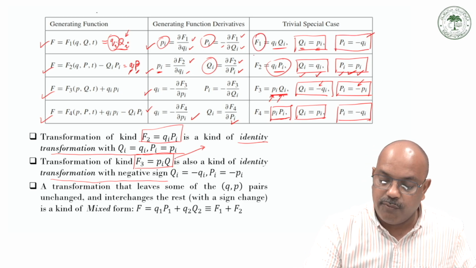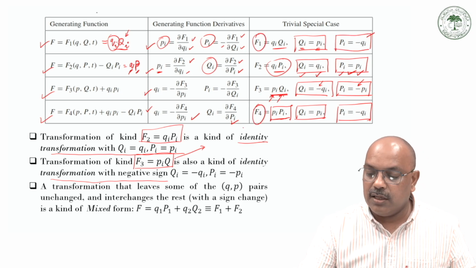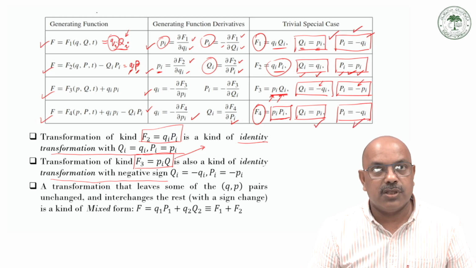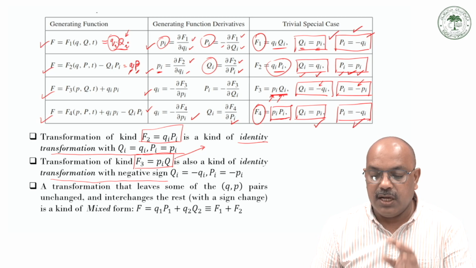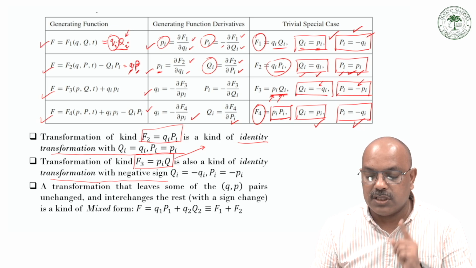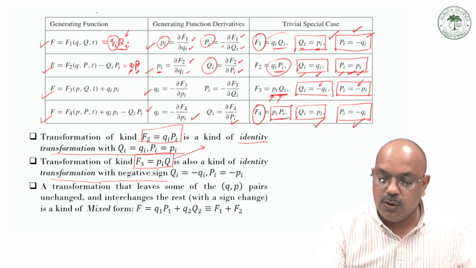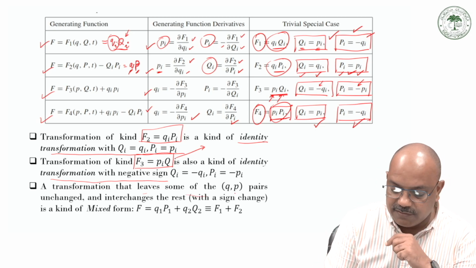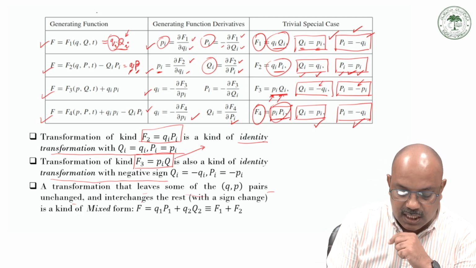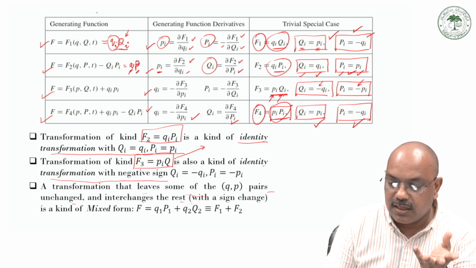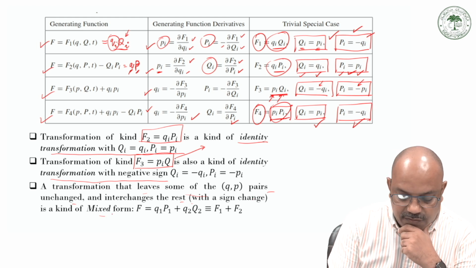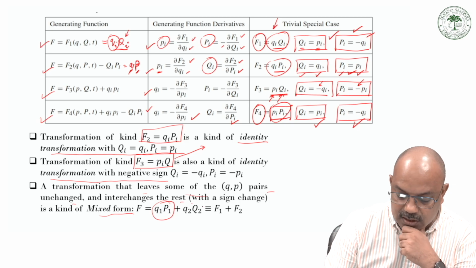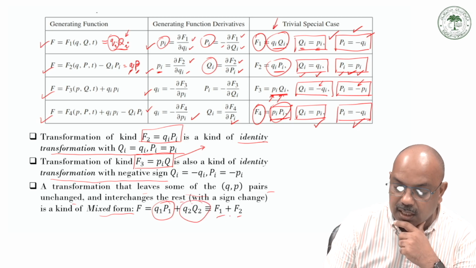So you see f1 and f4 are giving you the same transformation equations, that is qq and pp. So a transformation that leaves some of the qp pairs unchanged and interchanges the rest with the sign is a kind of mixed transformation, that is f1 and f2.